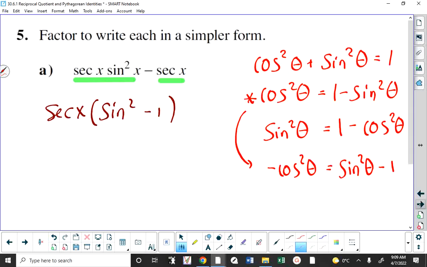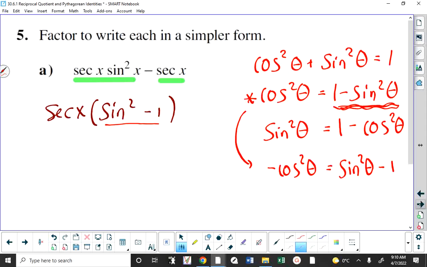So in my mind here, what I'm getting at is that I've already told you, keep your eyes peeled for this, right? 1 minus sine squared is cos squared. This is not 1 minus sine squared, though, is it? It's the opposite of it.